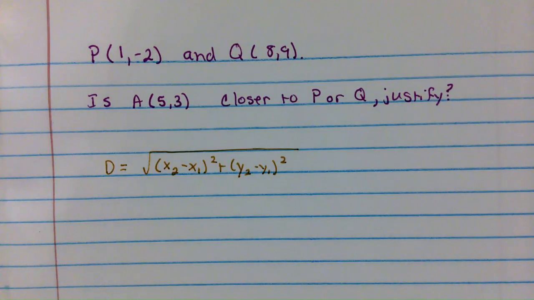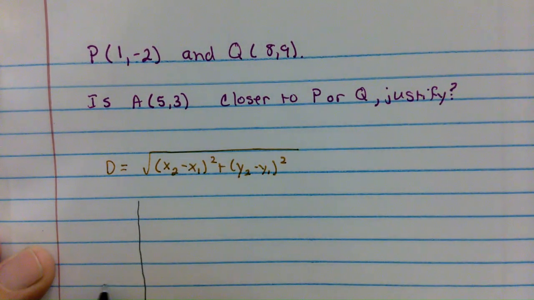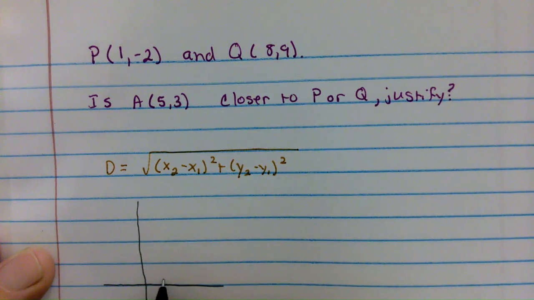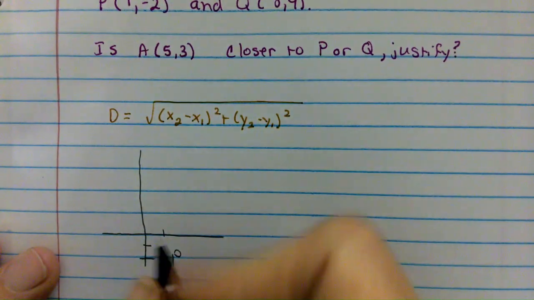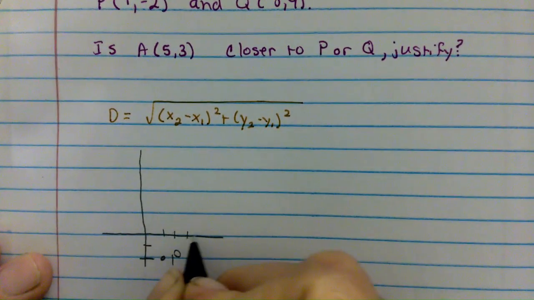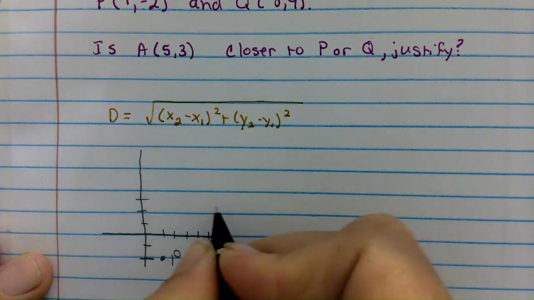I don't. However, I have come to classes where it was like P is at 1, negative 2. A is at 5, 3.